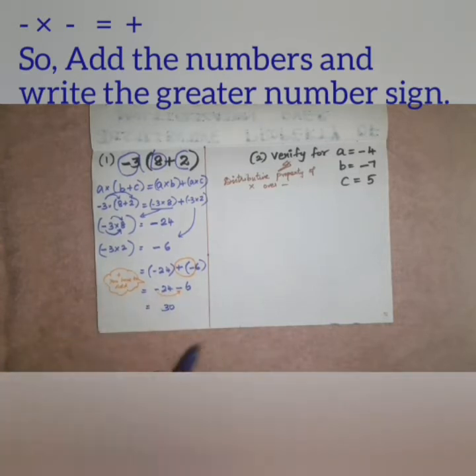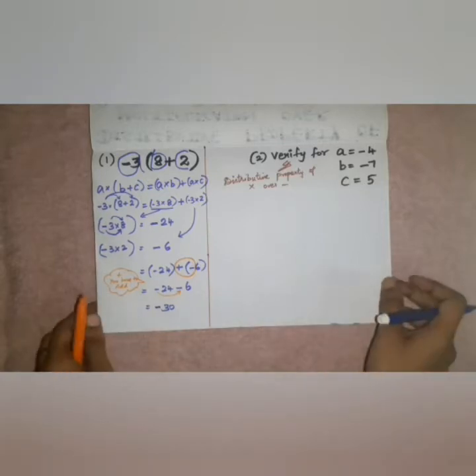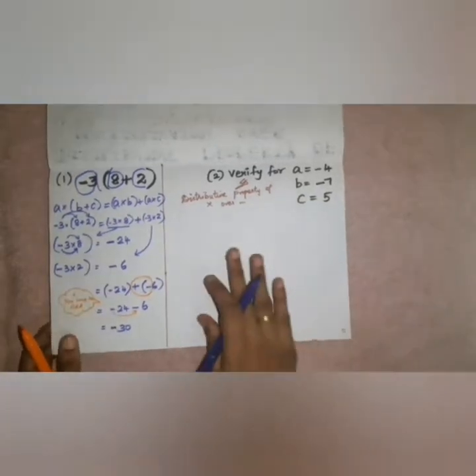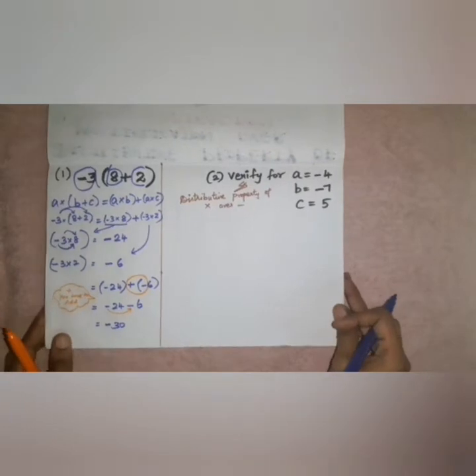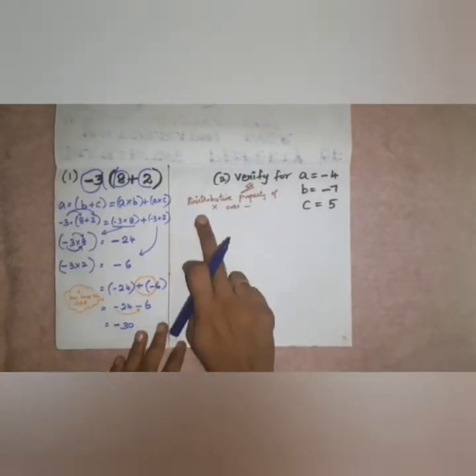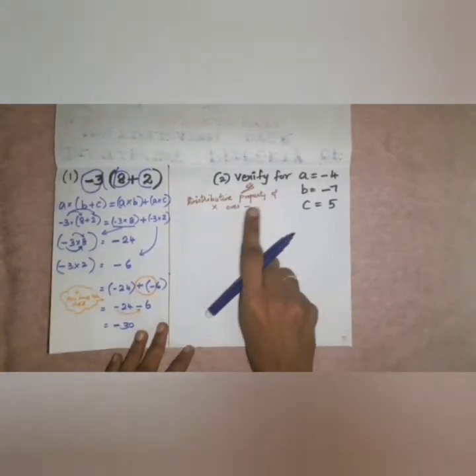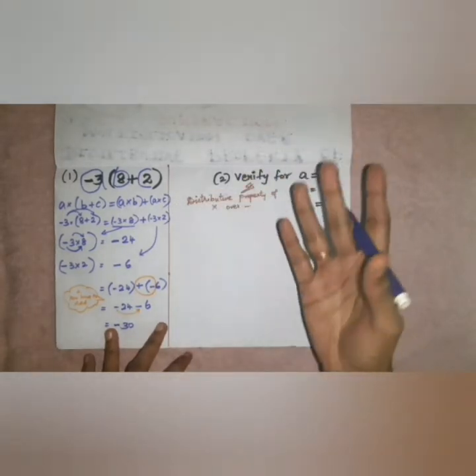The greater number, 24, has the sign minus, so it's minus 30. Then let's verify the distributive property of multiplication over subtraction.